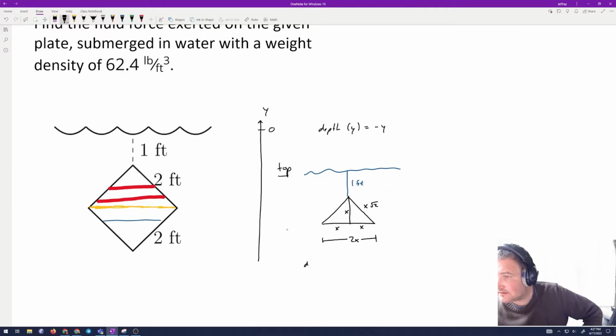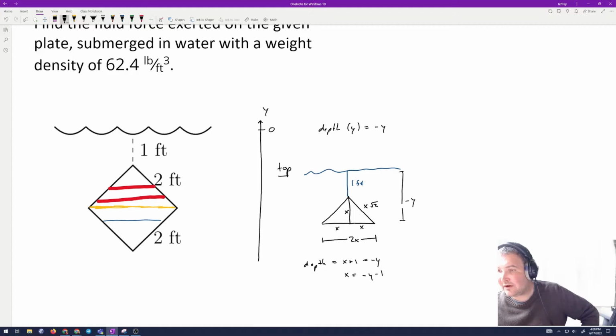So the depth here is equal to x plus 1. But that's equal to negative y, right? This is negative y because we've gone down. So that means that in our triangle, at least, x is equal to negative y minus 1.